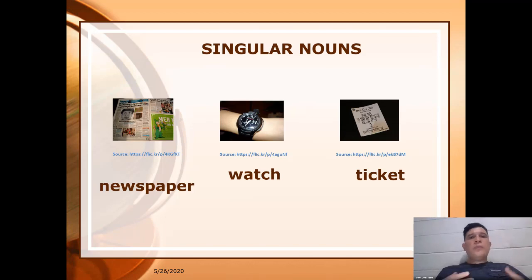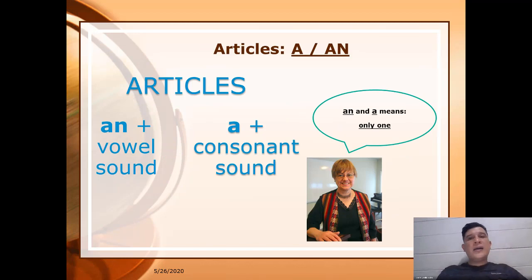So when we talk about singular nouns, they are followed by an article. In this case, we're going to talk about the articles a and an. So the articles a and an, or an and a, like you see in the presentation, are singular. And there is a specific rule for that. For example, when we use an, it is followed by vowel sounds.